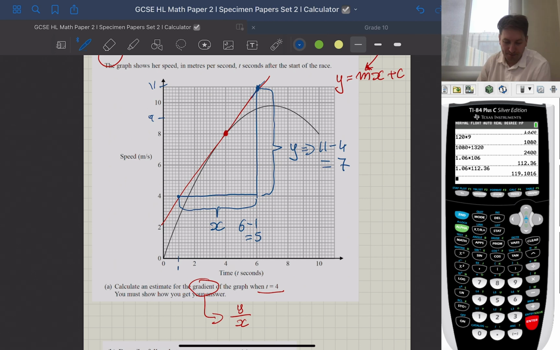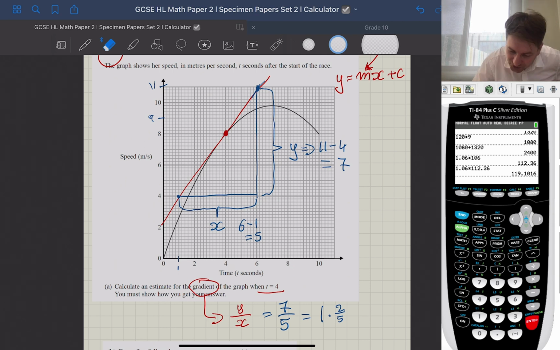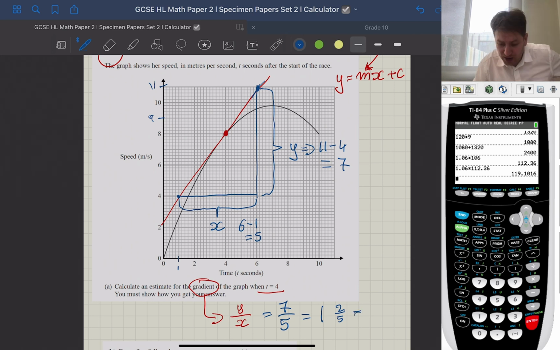So my gradient would be 7 over 5, which is 1 and 2/5. I don't know why they put the dotted in there. There shouldn't really be a dot there, guys. So there you go. If you are one of those who like decimals, 1.2 for you.